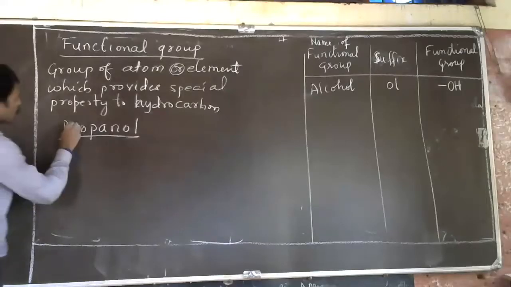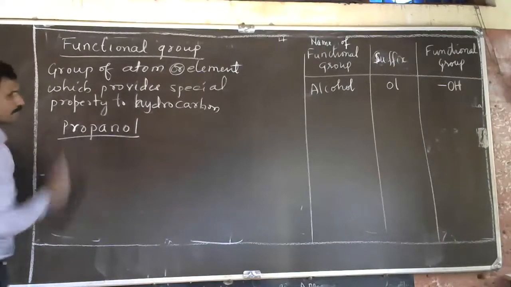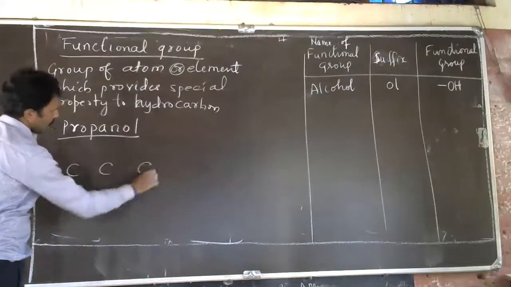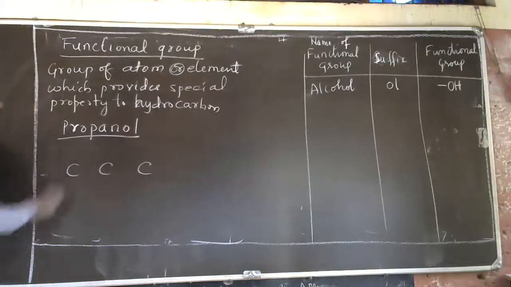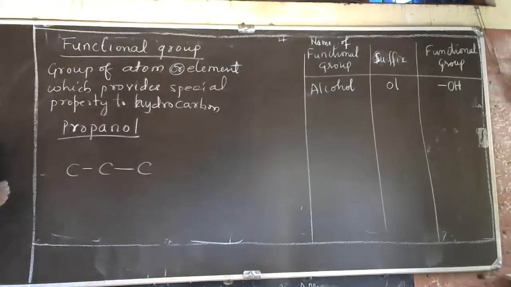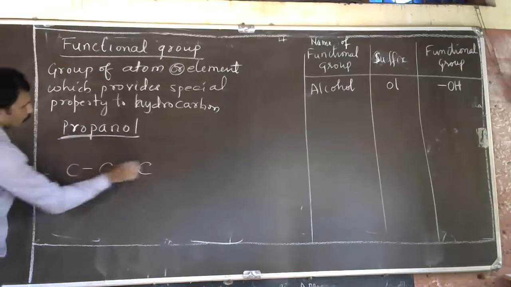You know prop means how much? Prop means 3 carbons. You have to write the 3 carbons with single bonds between the carbon atoms. So prefix is prop, that's why 3 carbon atoms.